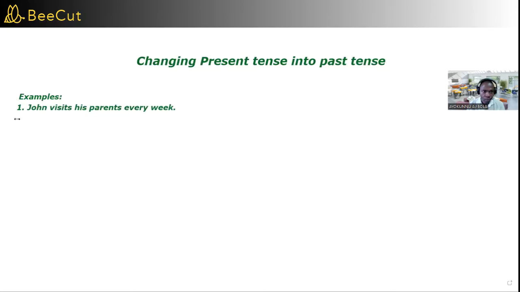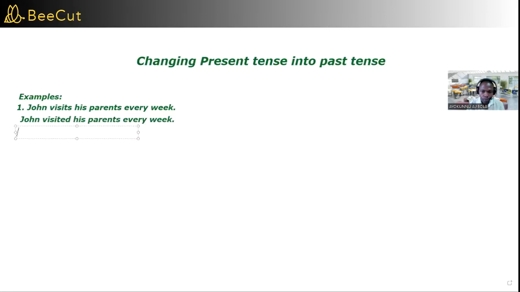To change it to past tense, it becomes: John visited his parents every week. So the verb visits, in the present form, has changed to visited. John visits his parents every week has changed to John visited his parents every week.